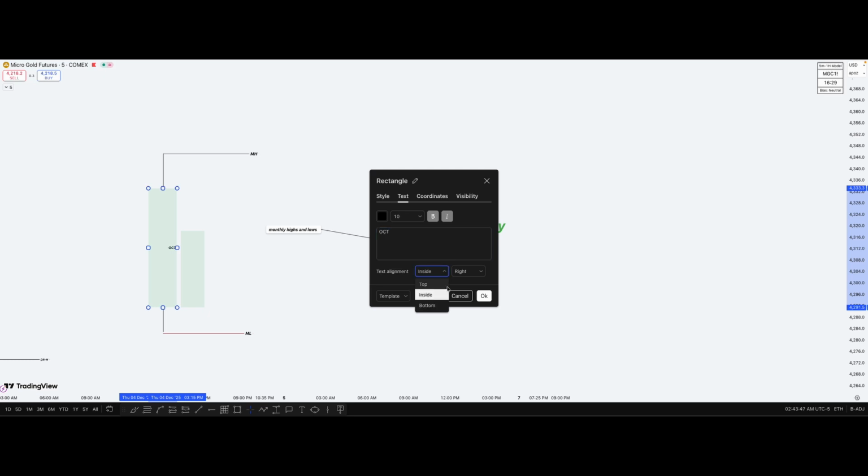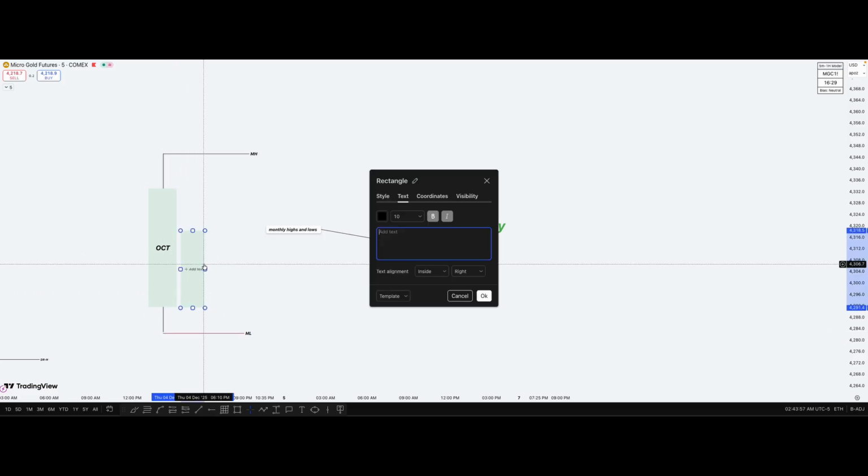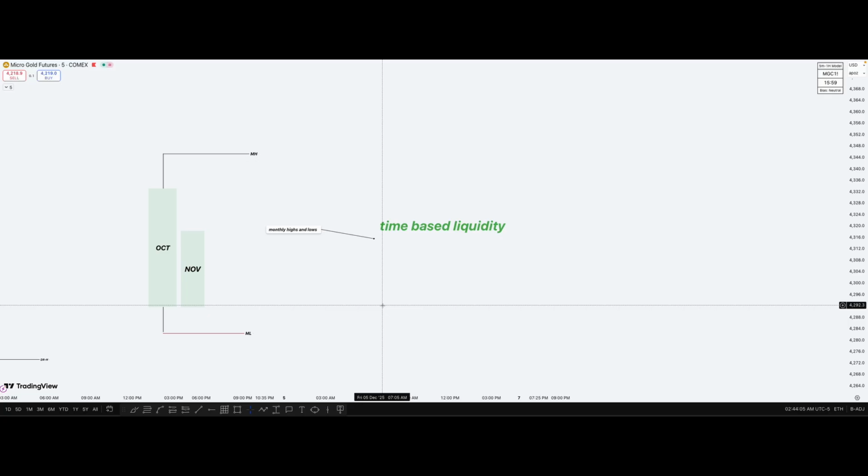This is October's highs and October's lows, right? So when we are trading the November candle, what do we need to do? We need to have certain levels in our mind, as to where the price can go. Where can the price first go?